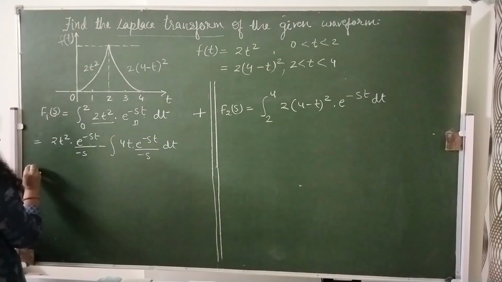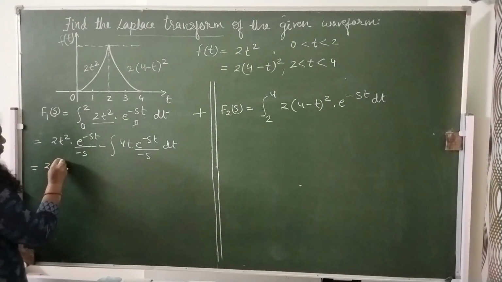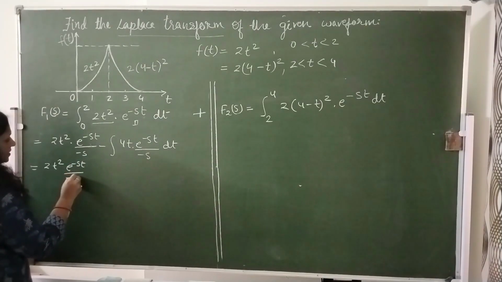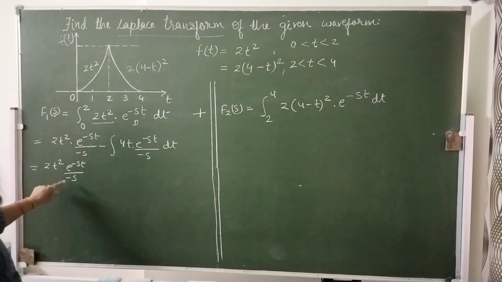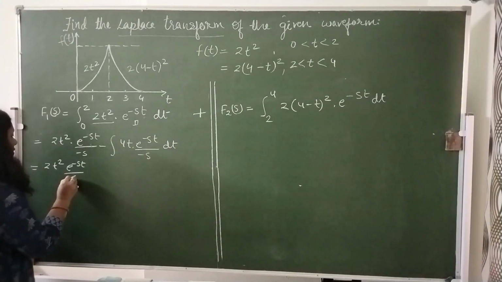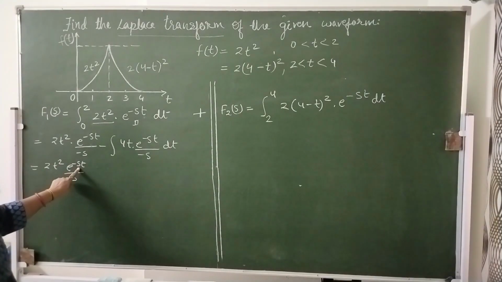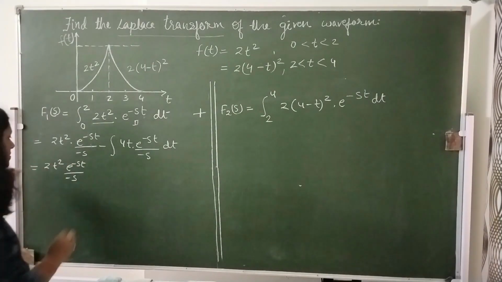Now we can write it like this: 2t square e to the power minus st by minus s. This is our first function, differentiate this and integrate this. That will give you the next term.